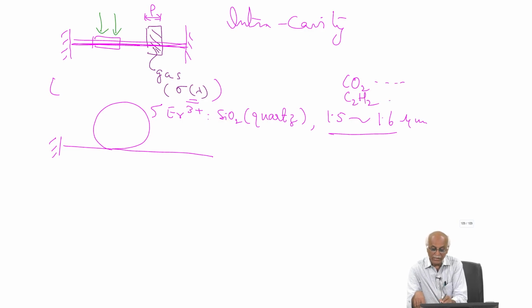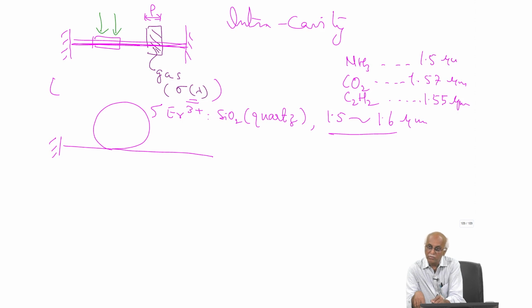Acetylene has an absorption band around 1.55 micrometer, CO2 around 1.57 micrometer or so, it has an absorption. Okay. Ammonia has an absorption band around 1.5 micrometer. Okay. They have various absorption bands.